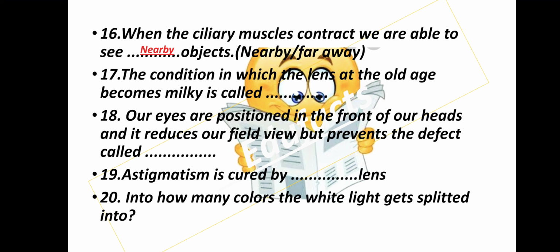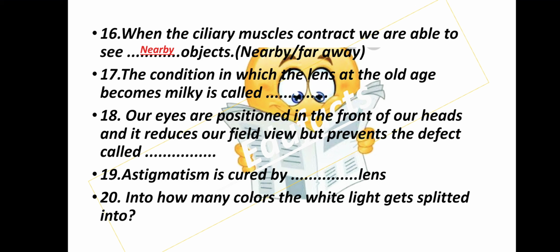This concept is associated with power of accommodation. In your book, it is already given. You can study there properly the concept of power of accommodation, which is completely based on ciliary muscle contraction and relaxation. Next is question number 17.